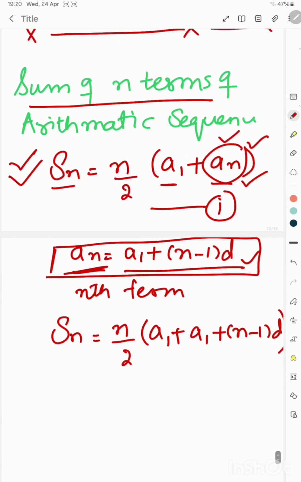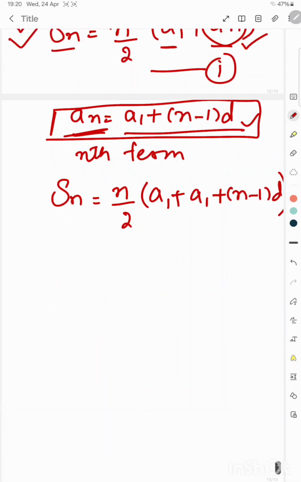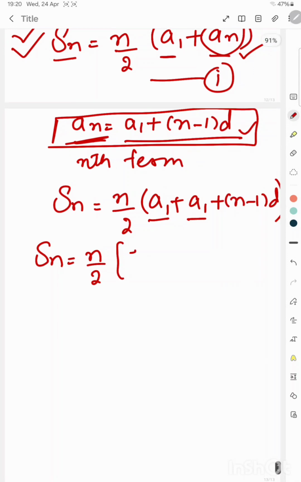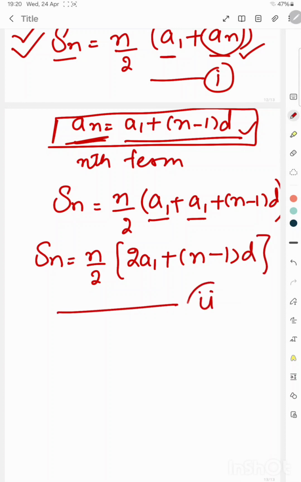Okay, so here Sn is equal to n by 2, as a1 appears 2 times, it will become 2a1 plus (n minus 1)d.